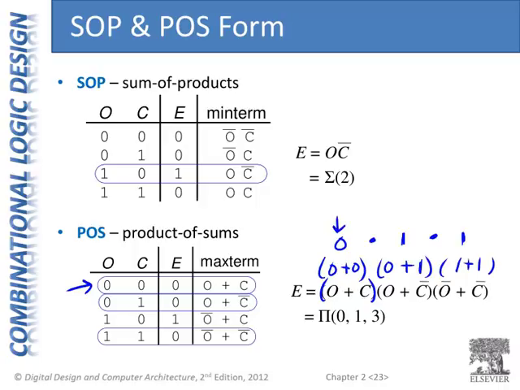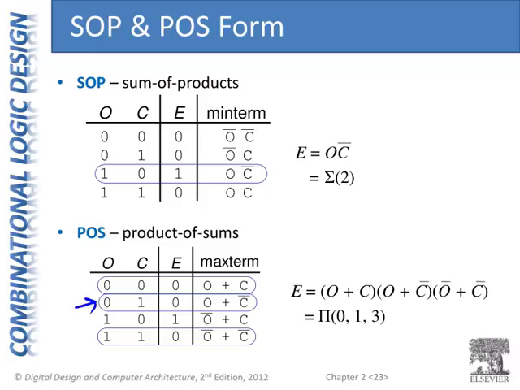Well, that 0 right there, as expected, that max term forced E to evaluate to 0. And we can do that for every possible combination. For the 0, 1 case, we're going to get 0 or 1, evaluates to 1. We're going to get 0 or 1 bar, which is 0 or 0, evaluates to 0.